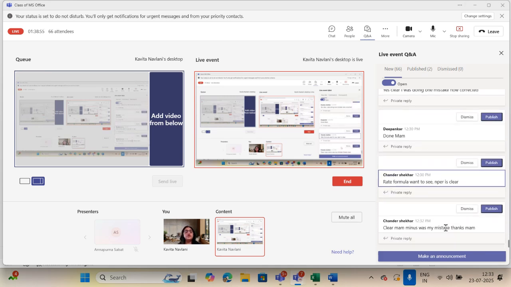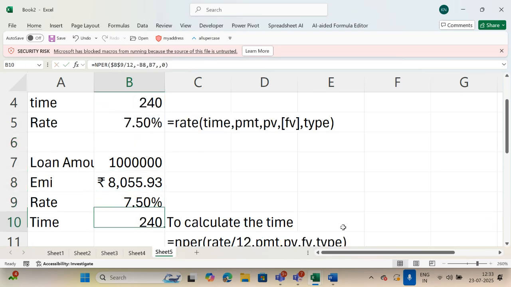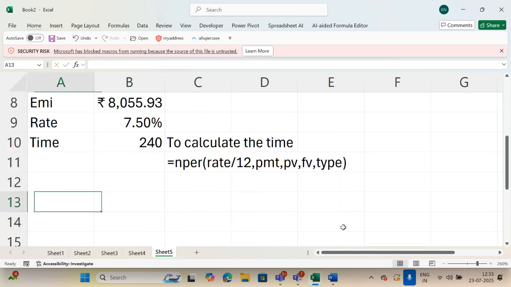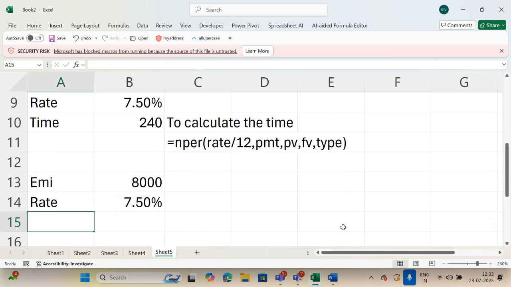fine. So the next is again a very important function. This is my EMI. I'll pay every month 8,000 rupees. And this is the rate of interest I'm getting, 7.5%.